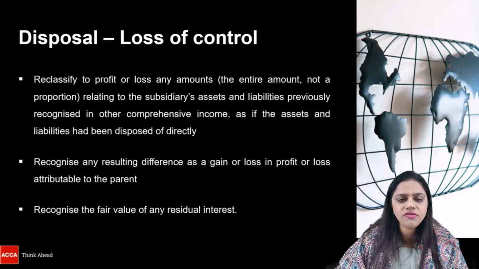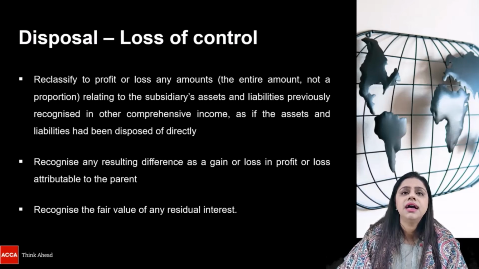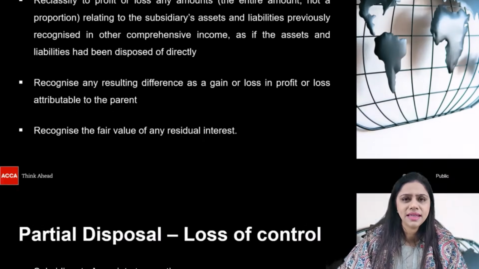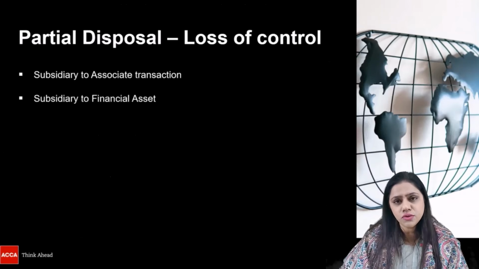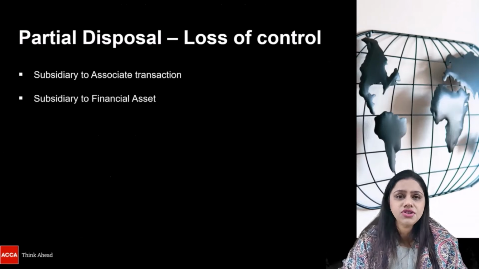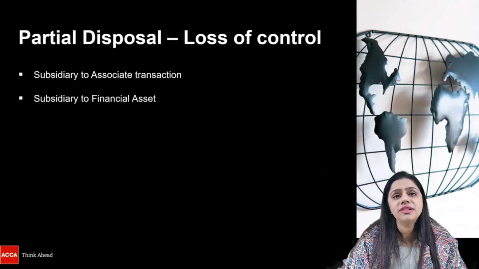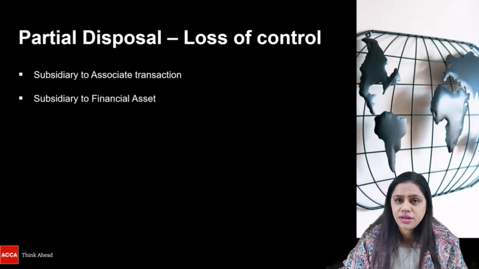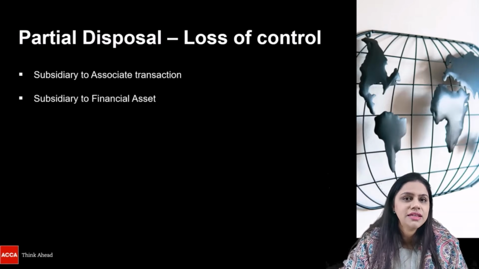Now, in case of partial disposal, we have to see once again whether a loss of control takes place or not. Out of the three cases that we discussed for the partial disposal, loss of control takes place whether there is a subsidiary to associate transaction or a subsidiary to financial asset transaction.